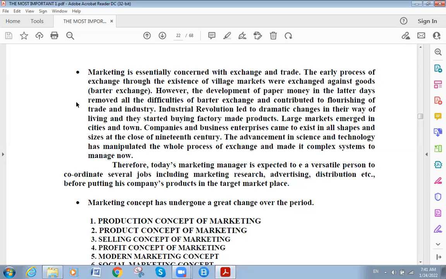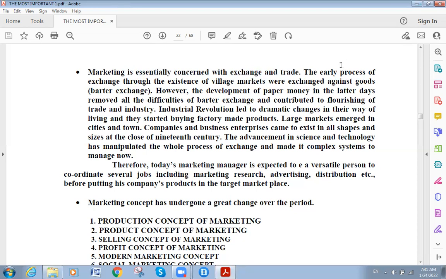Like something is surplus for you and you don't need it anymore, and the other party has something surplus for him and he does not need it anymore. So you and he exchange those two commodities or products. Okay.